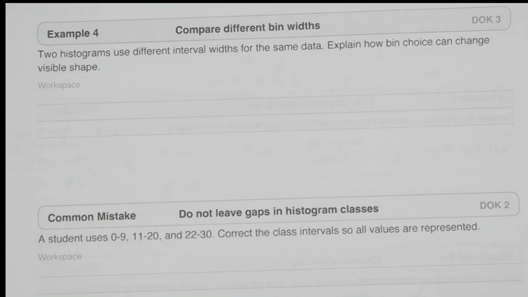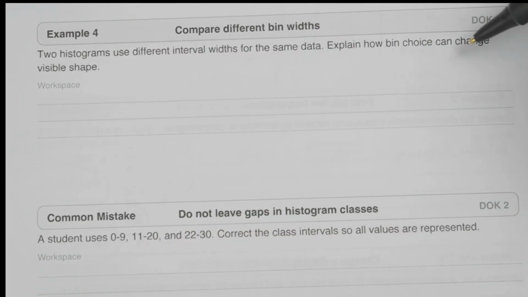Example number 4. Use histographs. Suppose two histographs use the same exact data, but one uses smaller intervals and the other one uses larger ones. Can the graphs look different? Well, the answer would be yes.